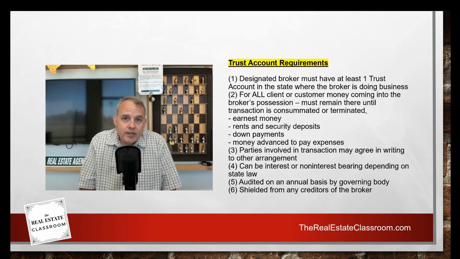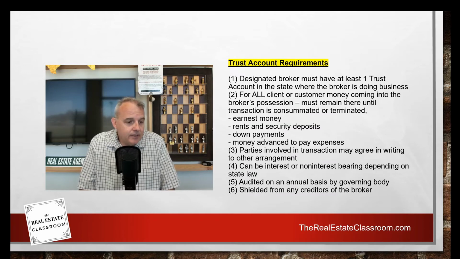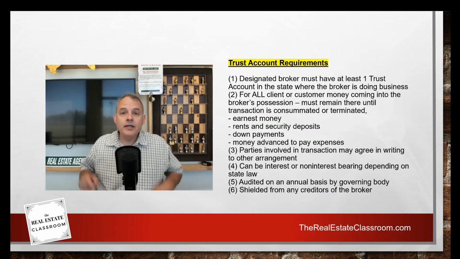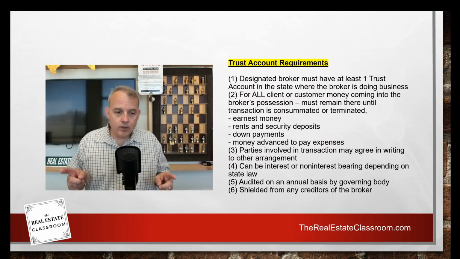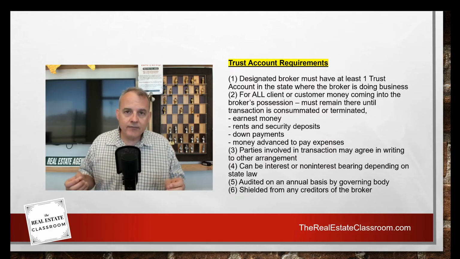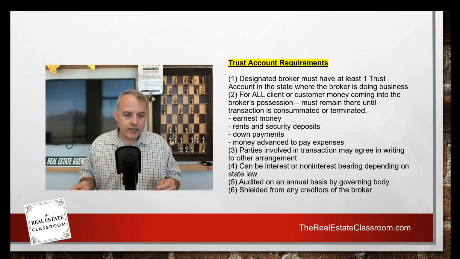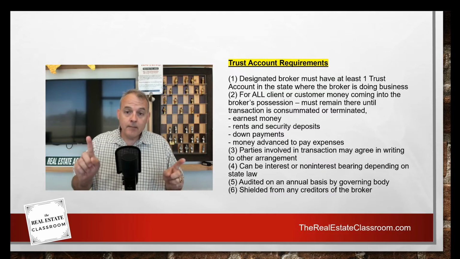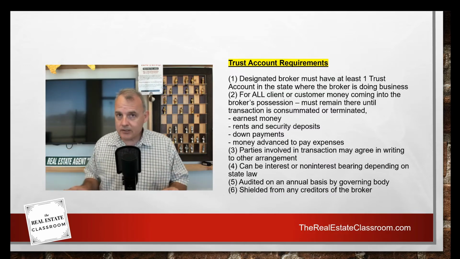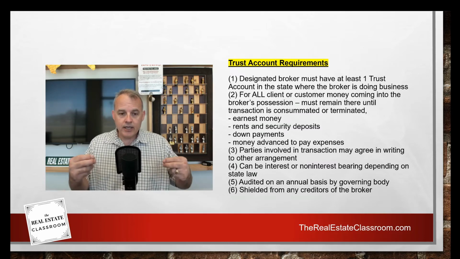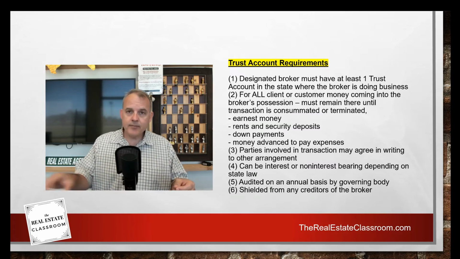Sometimes for whatever reason, I can't think of anything off the top of my head, but maybe for whatever reason. Oh, I got an example that actually happened. So there was a broker that was sitting on about $50,000 in a trust account for money advanced to pay other expenses. This was a case where the broker had deposited $50,000 for property management services.